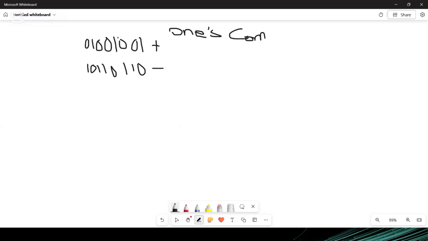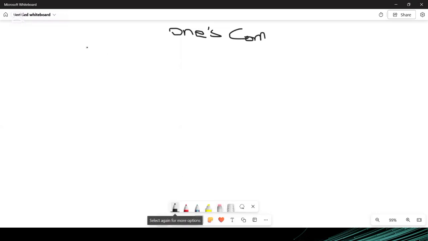But to show you why this is very bad, let me work with a shorter bit pattern. Let me work with 2. So 2 will be 0, 0, 1, 0. This is the binary representation of 2.